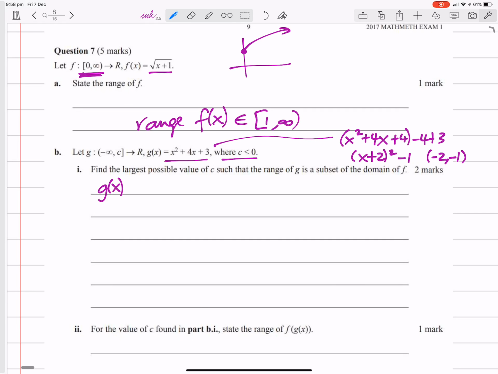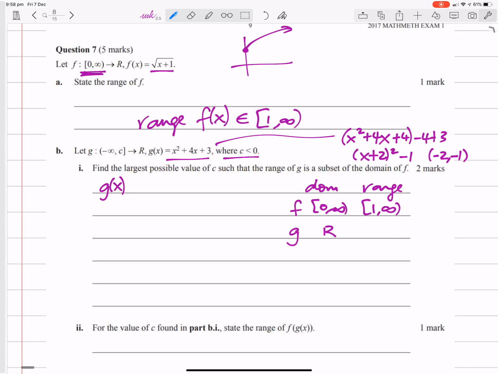So let's write it all down. Domain, range. My domain of f is 0 to infinity. My range is 1 to infinity. My domain of g is all real numbers. My range is from negative 1 to infinity.